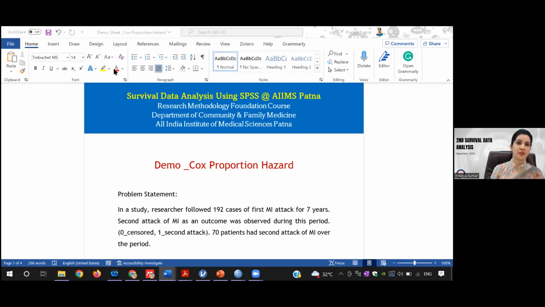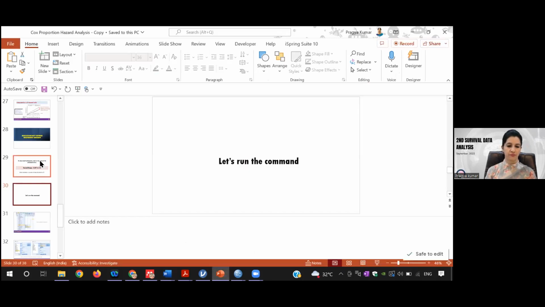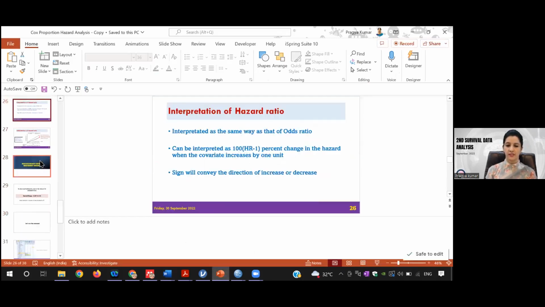So you have asked one question, what do we mean by HR minus 1 or 1 minus HR? Basically, we multiply by 100 because that is in the form of a fraction. If you see the formula which I have just shown, it is basically 100 multiplied by HR minus 1.